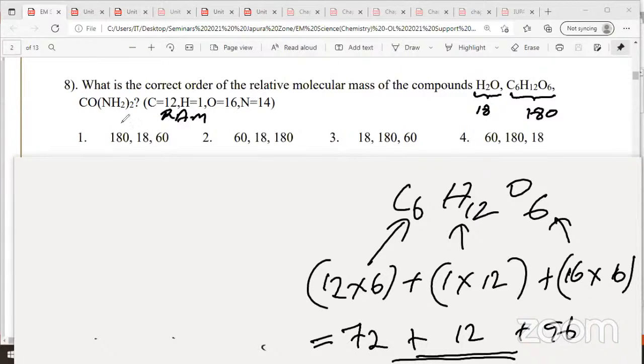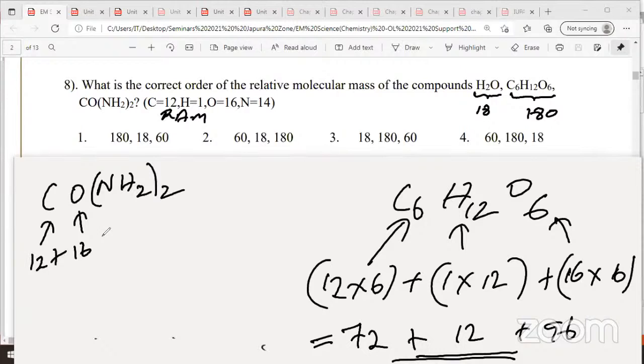The next one is urea. This is urea, and this is very important. How to find the relative molecular mass or molar mass of urea? CON2H4, written as CO(NH2)2. So carbon is 12 plus oxygen is 16, then plus the total inside the bracket. Look at the screen, everyone.